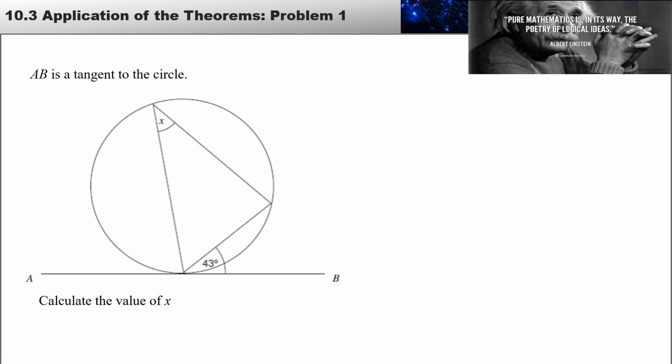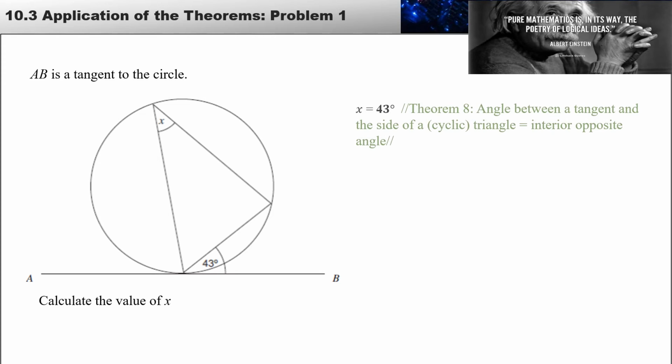Okay, congratulations to those that would have worked this problem out. And for those of us that just want to enjoy the show, the answer is pretty straightforward. It's just 43 degrees. How do I know it's 43 degrees? Well, we would have applied theorem 8, which says the angle between a tangent and the side of a cyclic triangle. Remember, I would have told you, ensure that you have a cyclic triangle in your scenario.